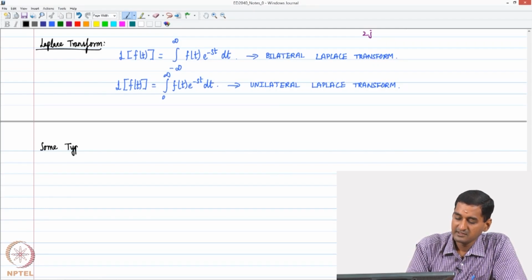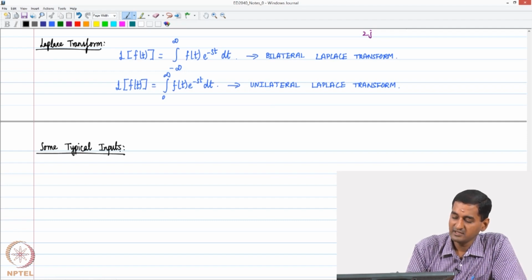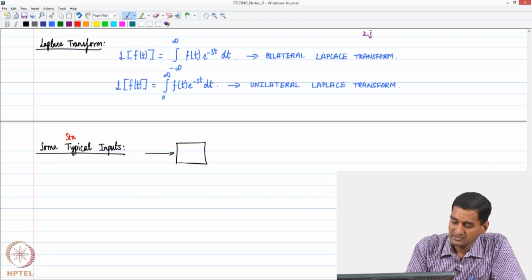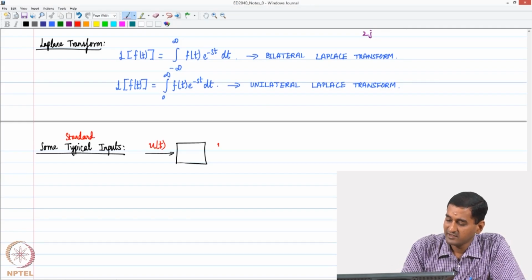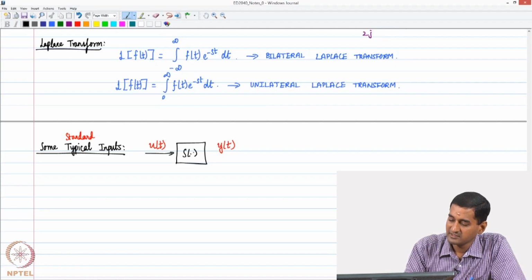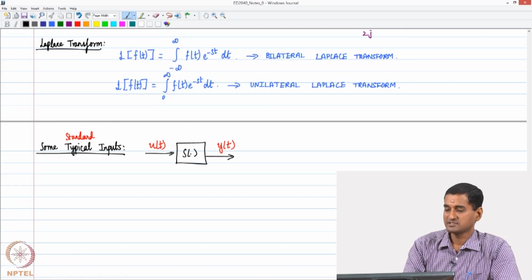Let me call them some standard inputs. Typically, we are going to have an input u of t and we get an output y of t. So that is our notion of a system.